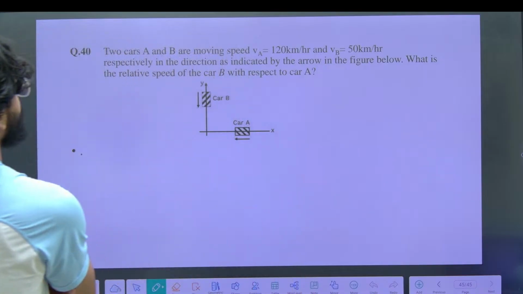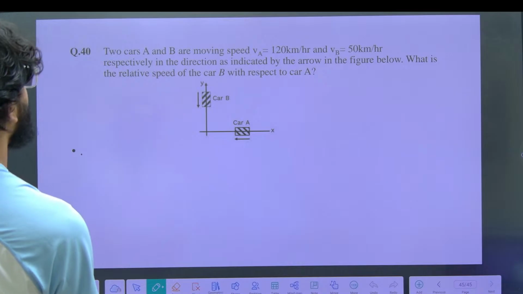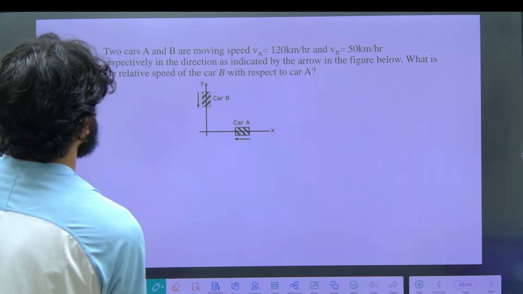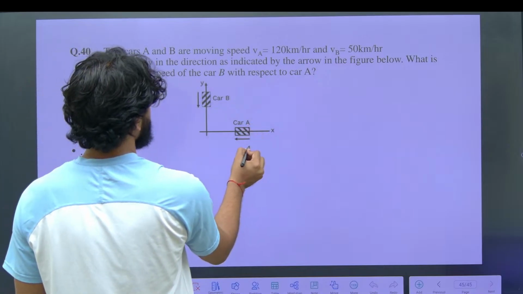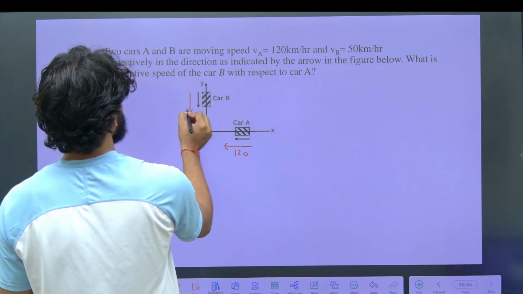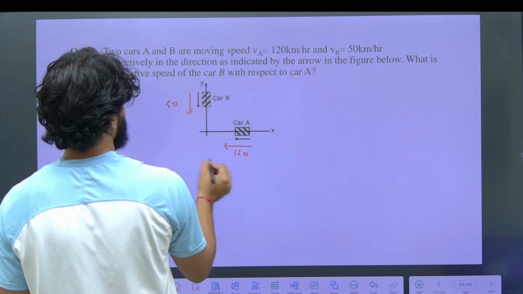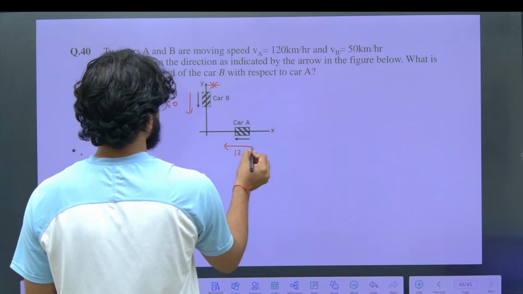Finally, two cars are moving with speed this and this, indicated what is the relative speed of A with respect to B. Okay, so just stop one of the car. VA is moving with 120 and VB is moving with 50. Okay, stop one of the car, correct?